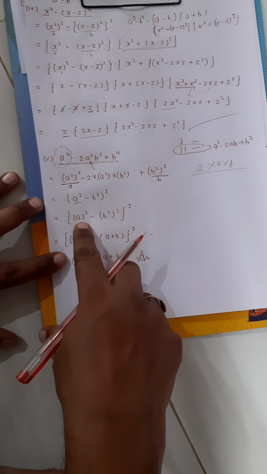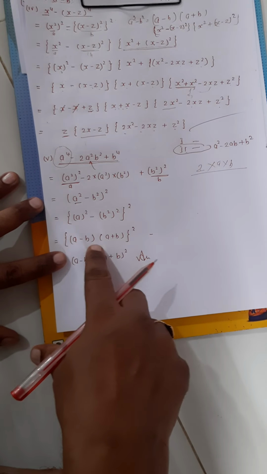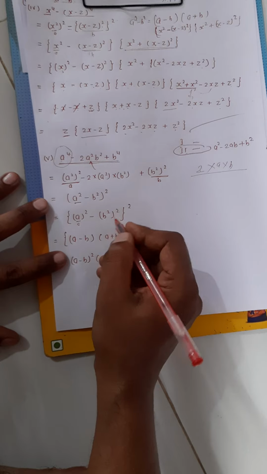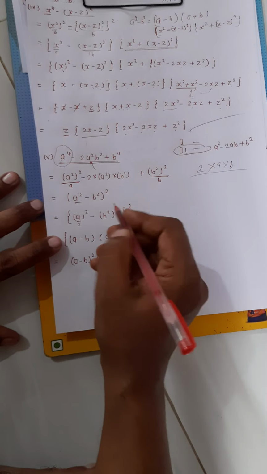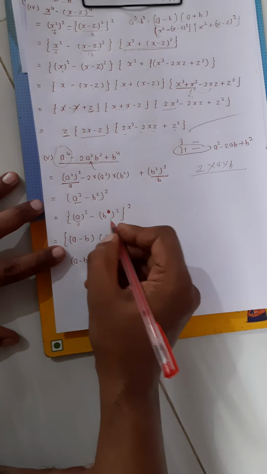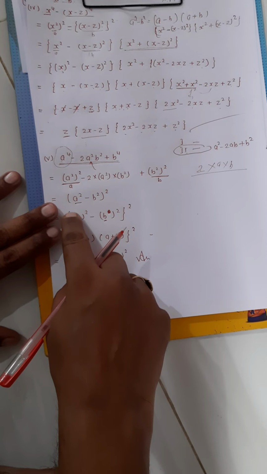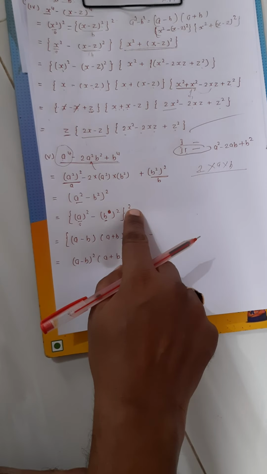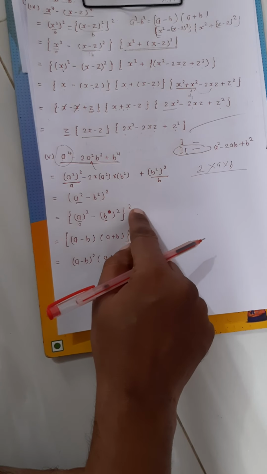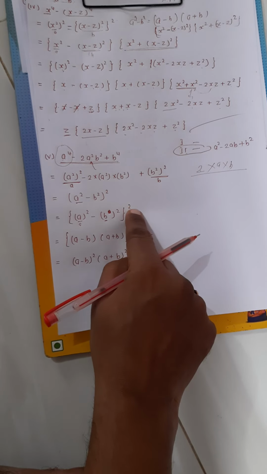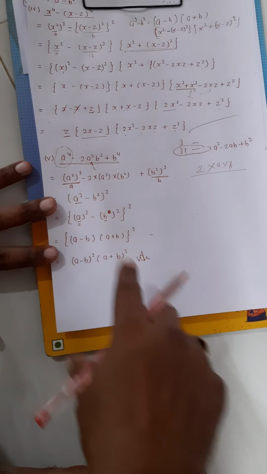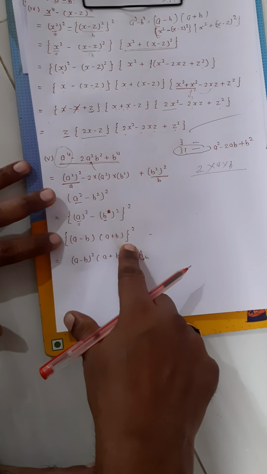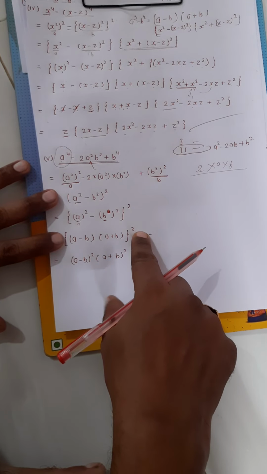What will be our value? a minus b and a plus b, because here the value of a is a and the value of b is b, and we will put the square of the whole thing on its own place. We will not disturb this square. The value will be a minus b and a plus b, and the whole square of the whole thing we will put on its own place.